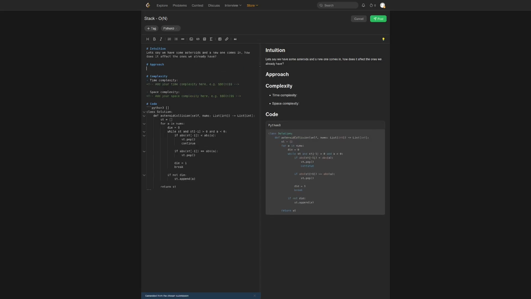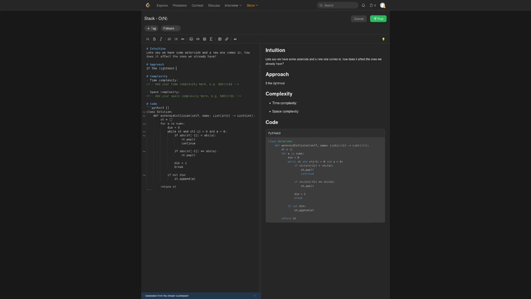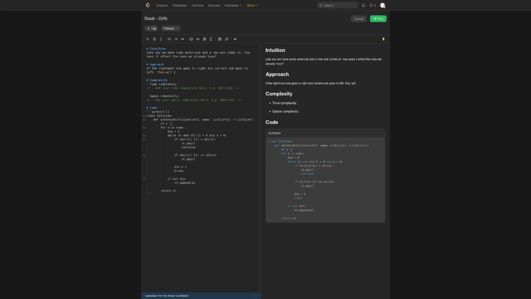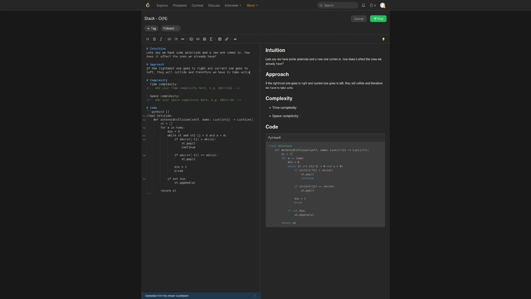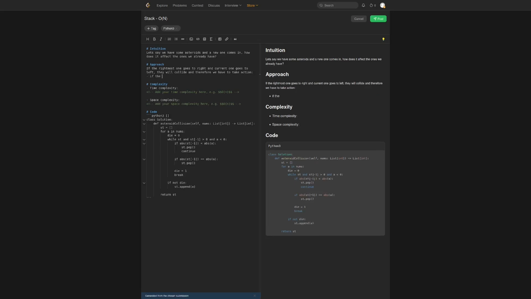If the rightmost one goes to right and current one goes to left, they will collide, and therefore we have to take action. If the rightmost one has the same size, it explodes.